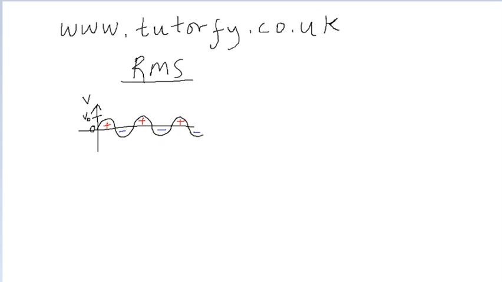So this is where the concept of root mean square comes in, and it's going to be quite useful in many different areas, especially in physics. So, root mean square.